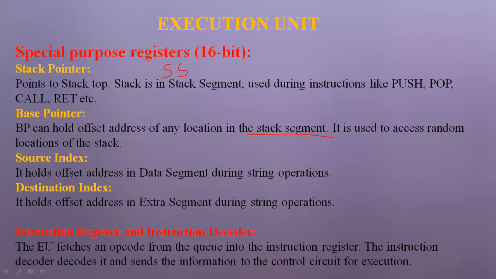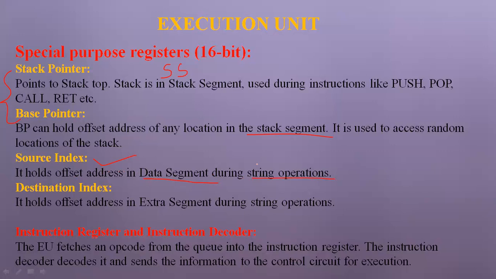Source index register. It holds the offset address of the data segment. So those two are based on the stack segment, while the source index is based on the data segment. The data segment is one of the segment registers available inside the bus interface unit, and the source index holds the offset address in the data segment during string operations.